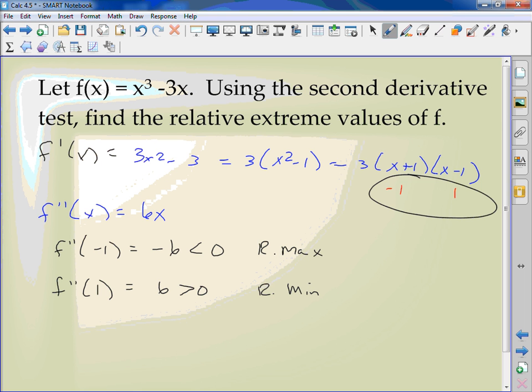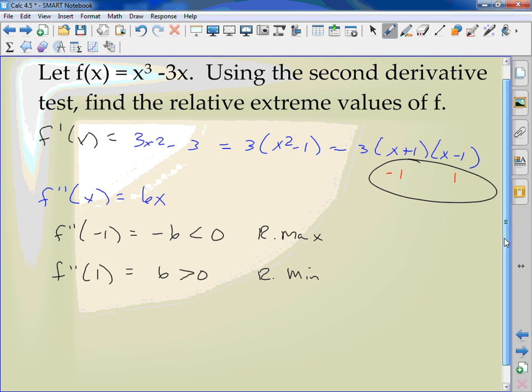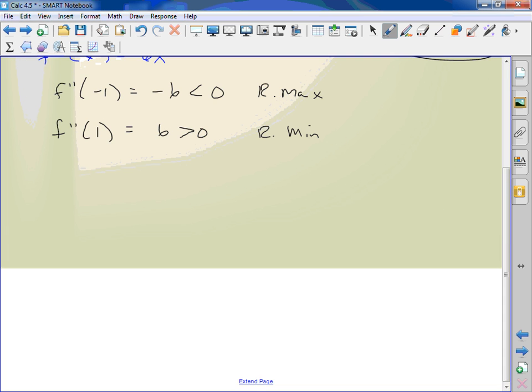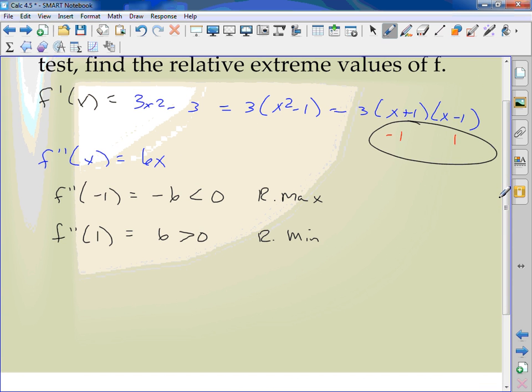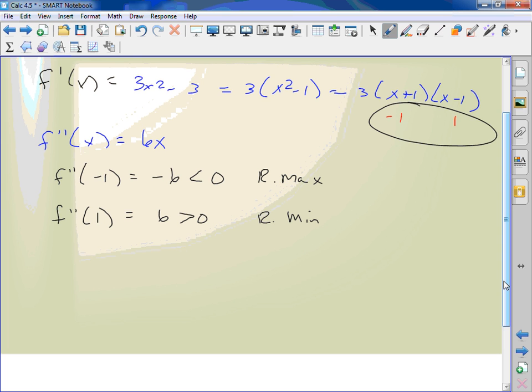It's a shortcut so I don't have to do the plus minuses. Here, we would still do the plus minus. The only downside is the second derivative test doesn't always work. You'll try to take the second derivative and you can't do anything with it.